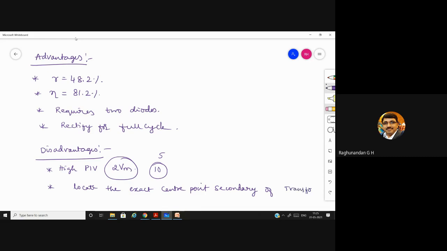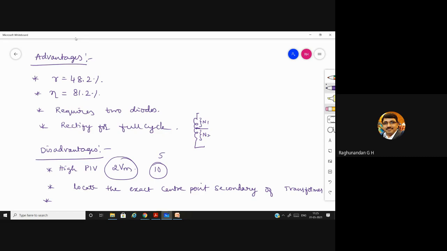That is one of the drawbacks, because as we have discussed, we need to tap exactly at the center, so that the number of turns here and here are the same. That is N1 and N2. If you take this as N1 and this as N2, N1 and N2 should be the same.